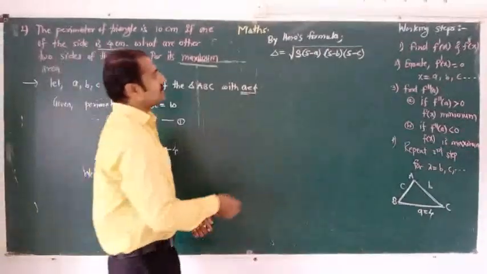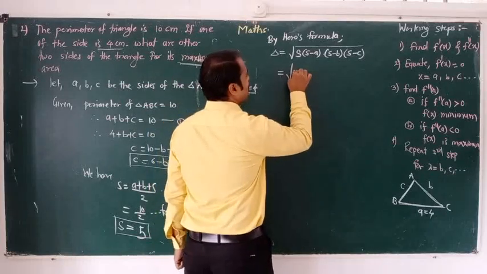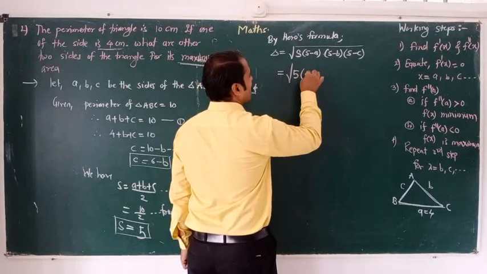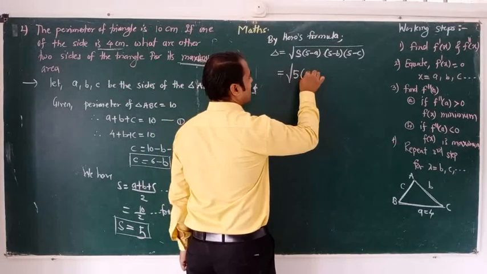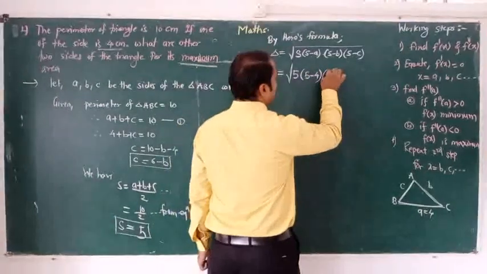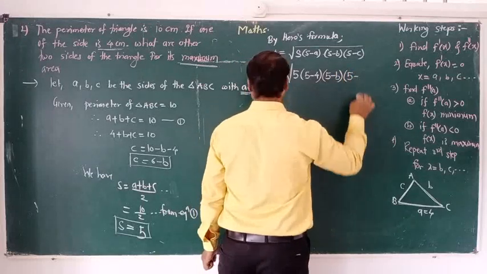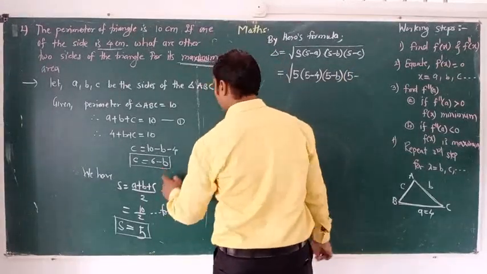Now I can simplify that formula as square root of 5 into 5 minus a, which is 4, into 5 minus b into 5 minus c. C is what? It is 6 minus b.